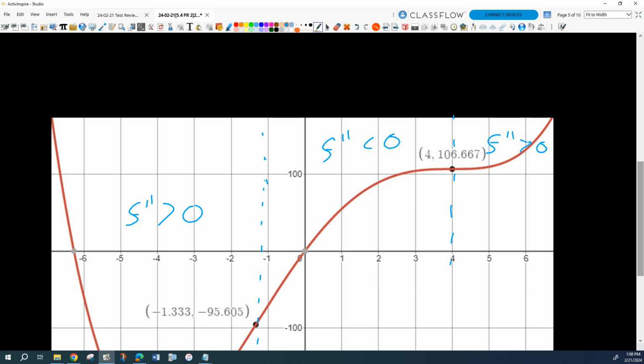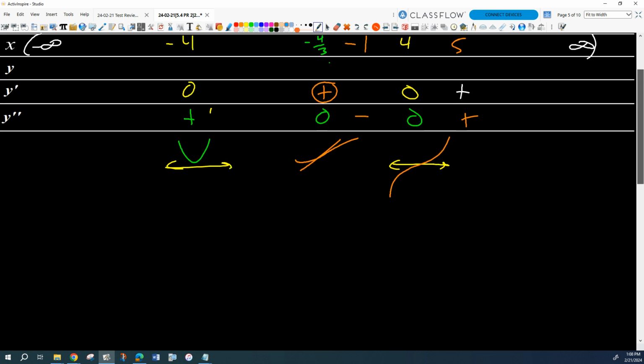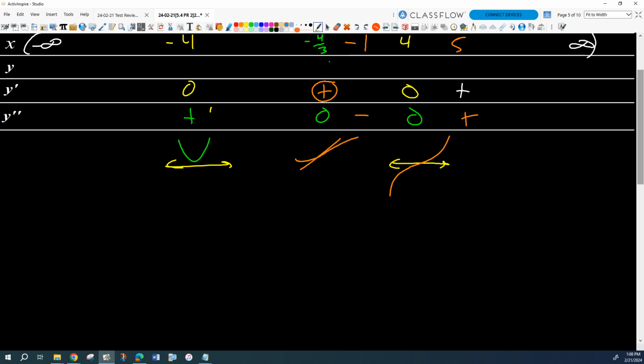And so we get a pretty accurate sketch of our graph just based on this table, because that's the only way we could sketch it. There's only one extremum. That's it.